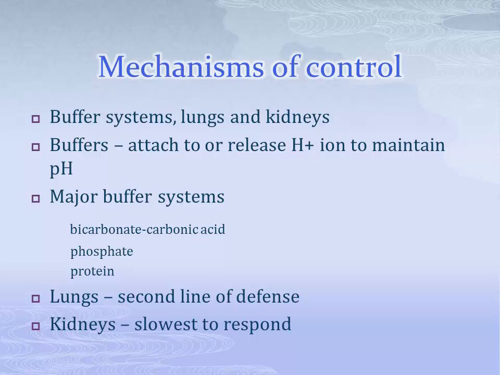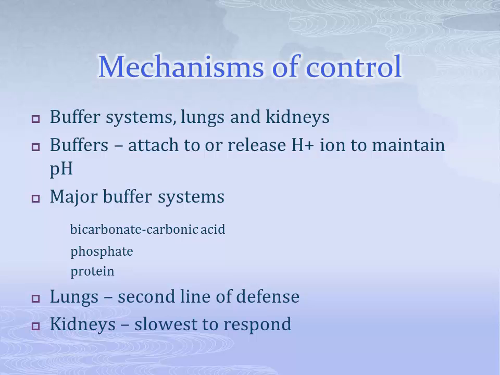So bicarbonate combines with the hydrogen that the metabolic acids release and forms carbonic acid, which then is transported rather quickly, considering we pump 4,200 mils of fluid a minute, fairly quickly to the pulmonary system.